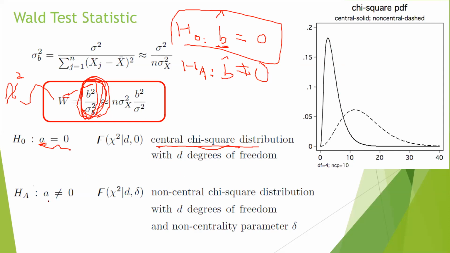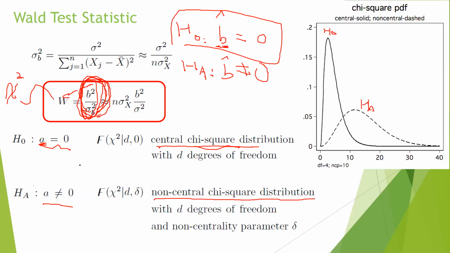However, if B is not equal to 0, or the additive effect is not equal to 0, then the same thing still follows a chi-square distribution, but a non-central chi-square distribution, which is the dashed line here. So you see two dresses here, right? We only test our data based on the solid dress, not the dashed dress. So this is the H null distribution, and this is the H alternative.